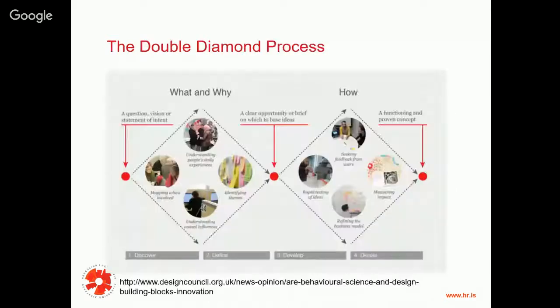So if we refer to this, you are in project 1, you're still in the first diamond. And in the second project, you are concluding which of the ones you want to go and design a solution for.